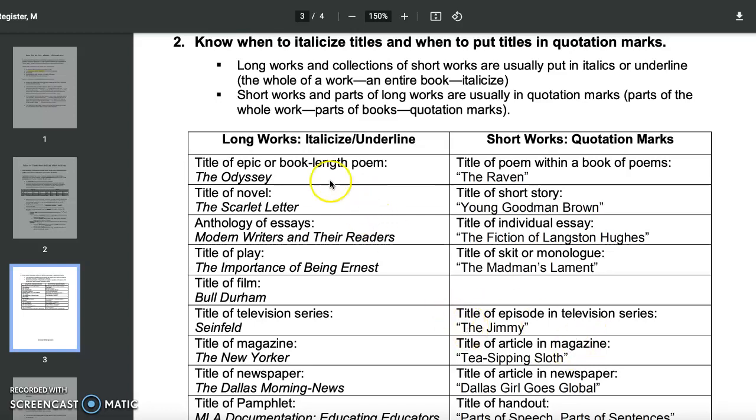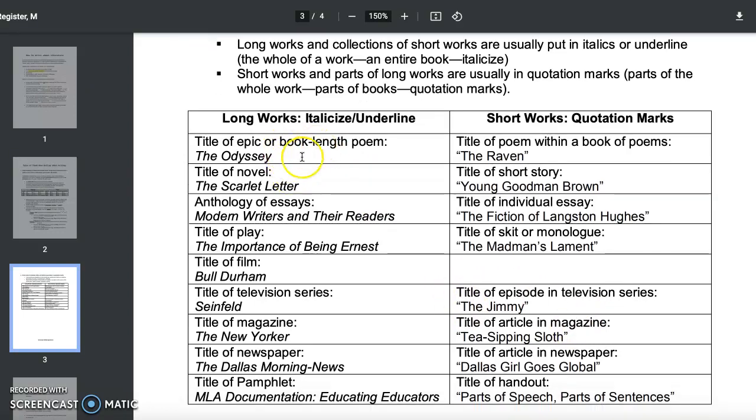So if you're writing about the book, the Odyssey, it's an entire book. So you would write the Odyssey in italics. If you're quoting or referring to a poem inside of a book, you would include that poem title in quotation marks. Again, it's a smaller element contained within a larger unit.